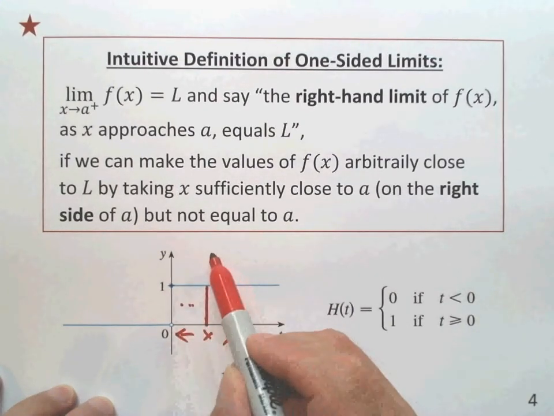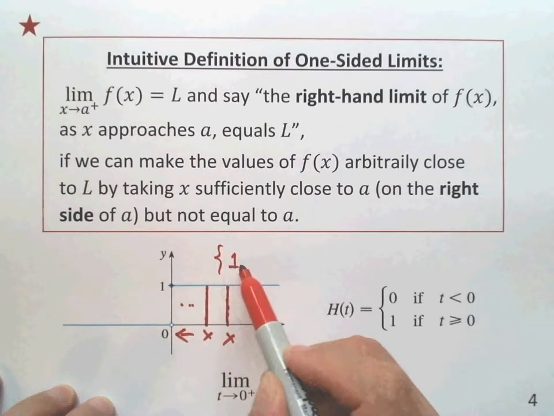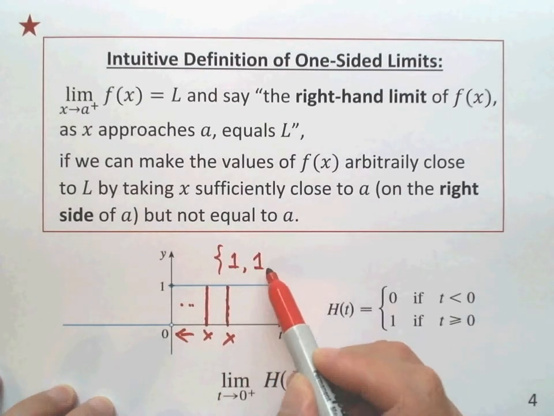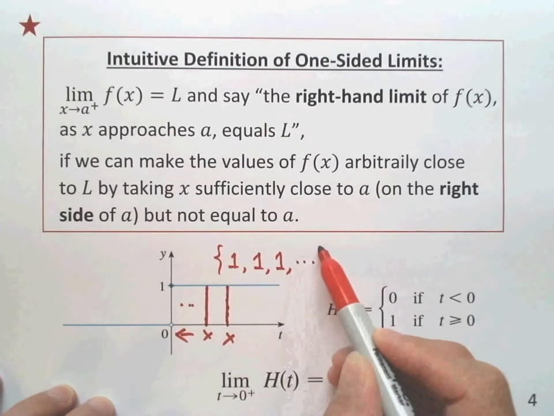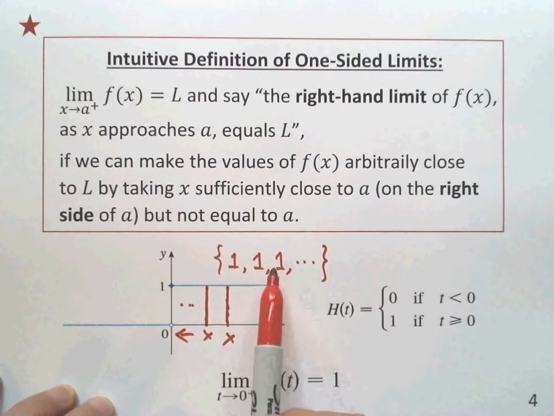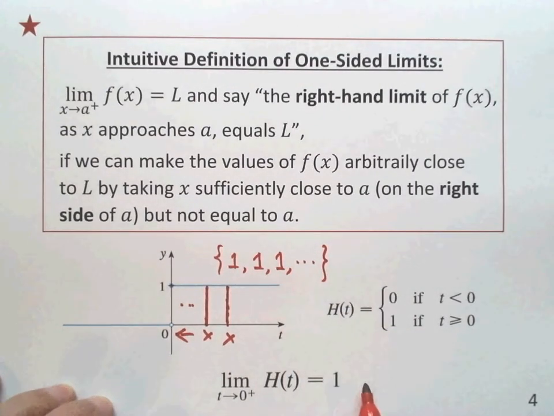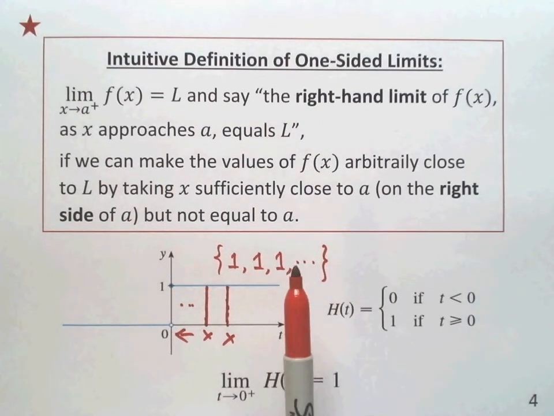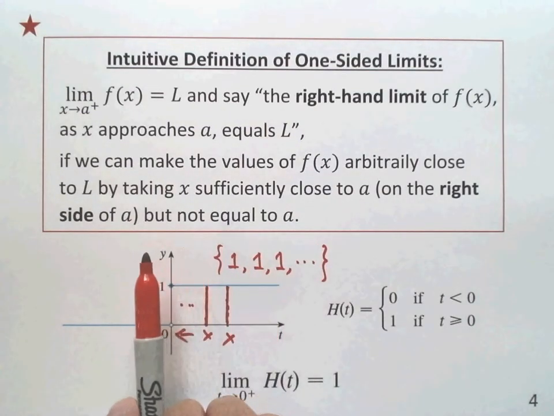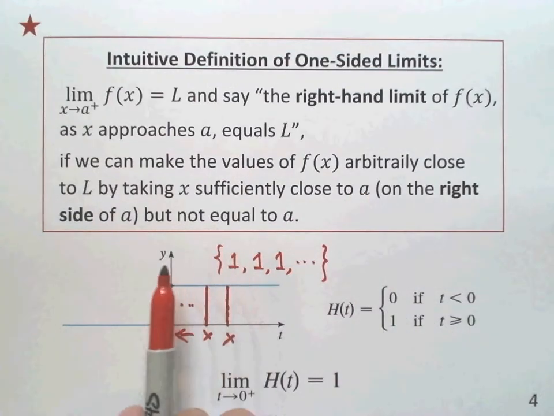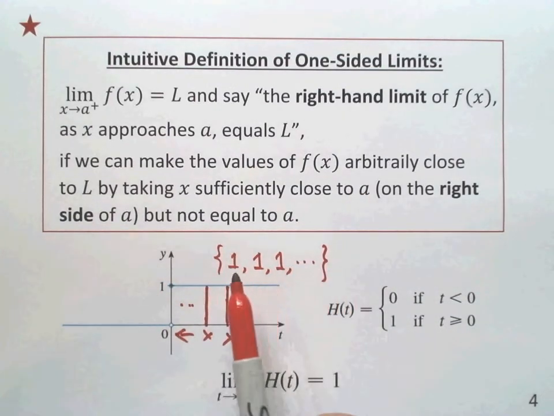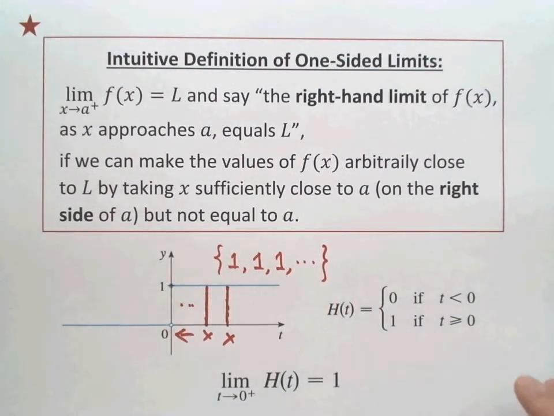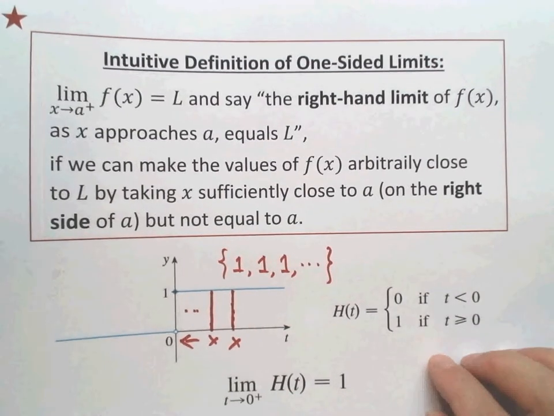If you take the sequence, the y values are 1, 1, 1, all 1. So what is the pattern of the limit? It's 1. Since all the values from the right side are 1, the limit is 1, because the values are arbitrarily close to 1, or exactly equal to 1 this time. This is the one-sided limit.